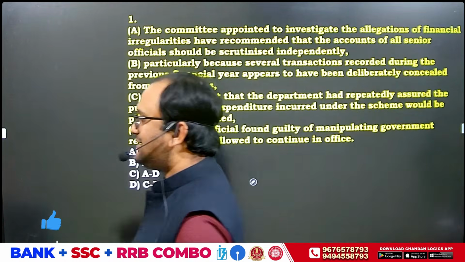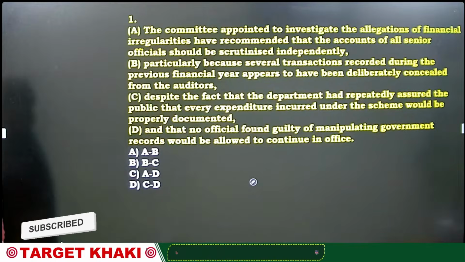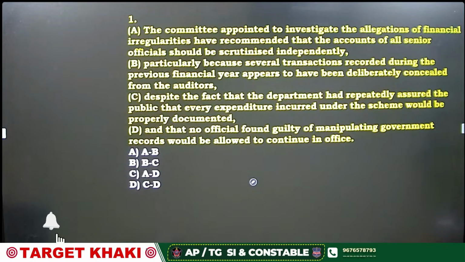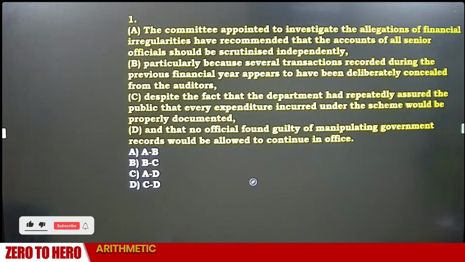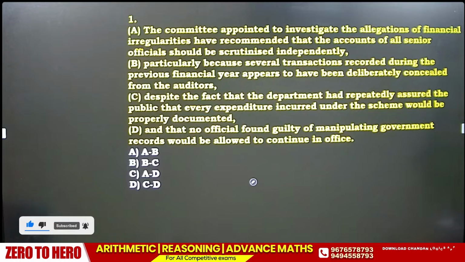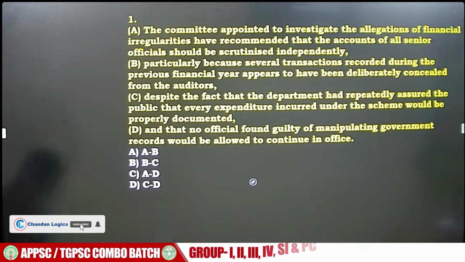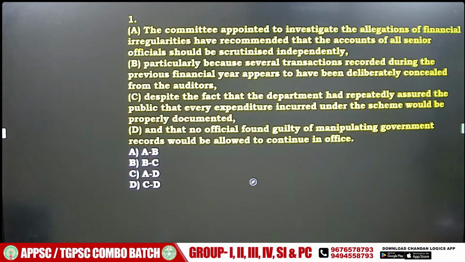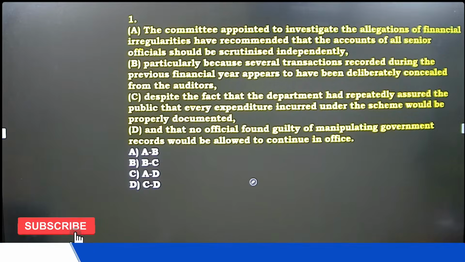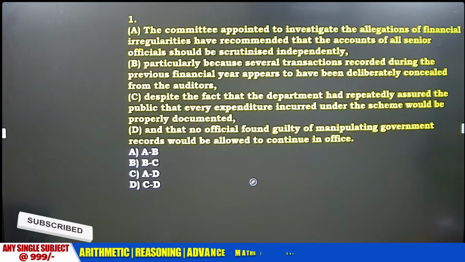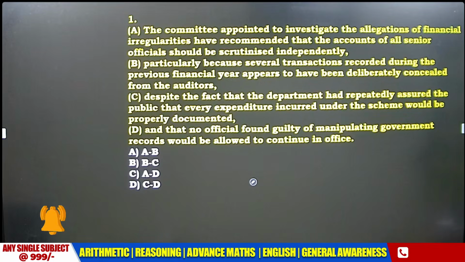So you can start now, guys, as quickly as possible. Message your answer in the comment section. What is the error and where is the error? My suggestion is, don't simply message ABCDs. Be specific about the error. Mention the error clearly. Who's going to give the first answer?